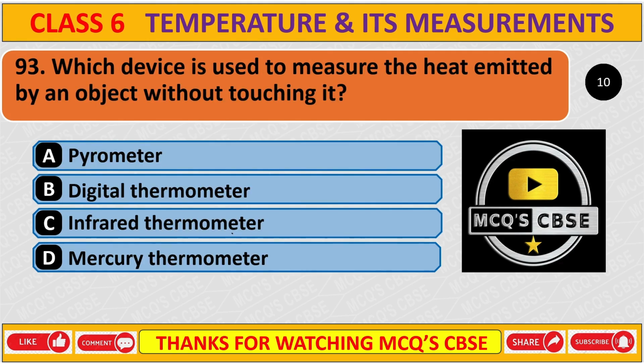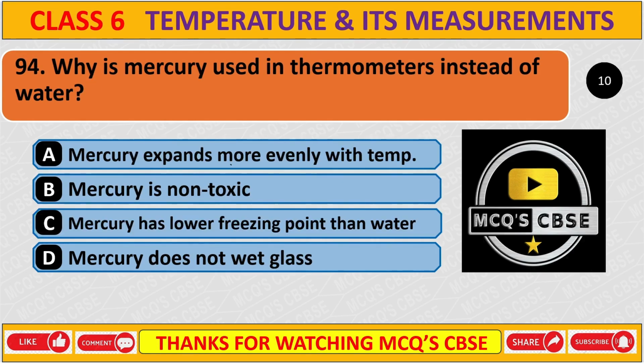Which device is used to measure the heat emitted by an object without touching it? And correct answer is C. Infrared thermometer.